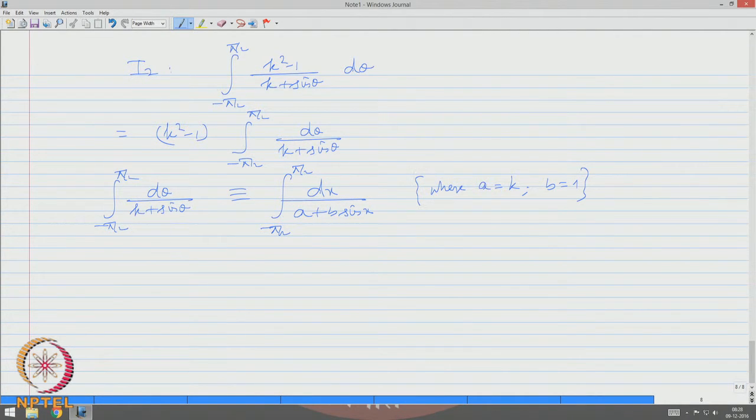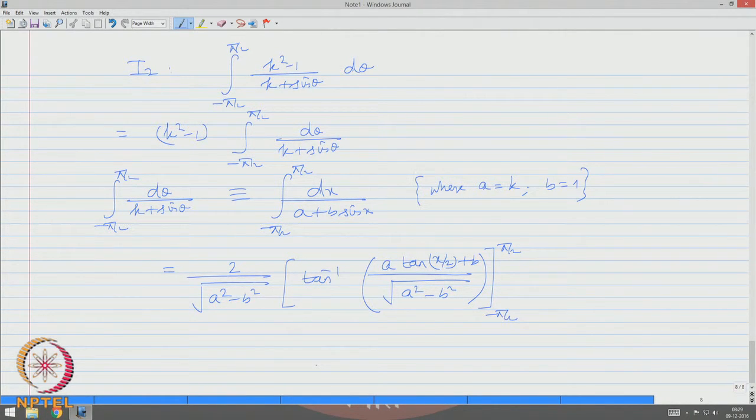Now, this has a standard relationship, which is given by 2 by root of a square minus b square, tan inverse of a tan x by 2 plus b by root of a square minus b square, with limits minus to plus pi by 2, and of course, here x is theta.